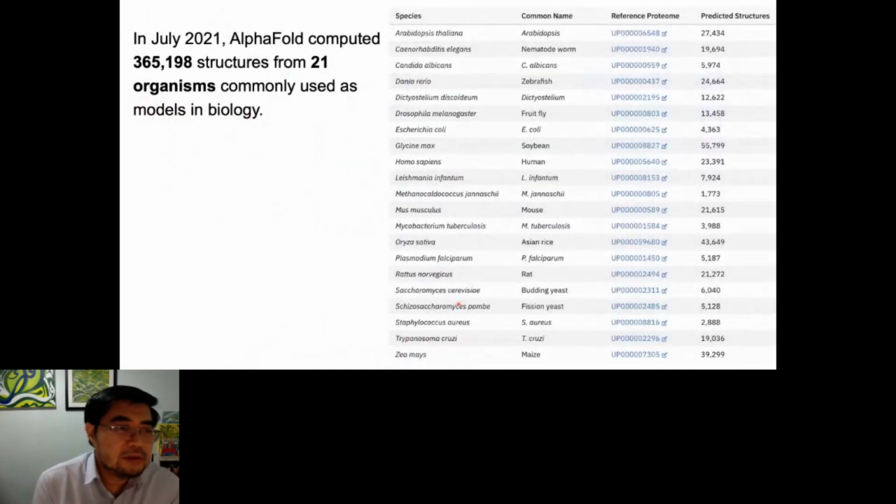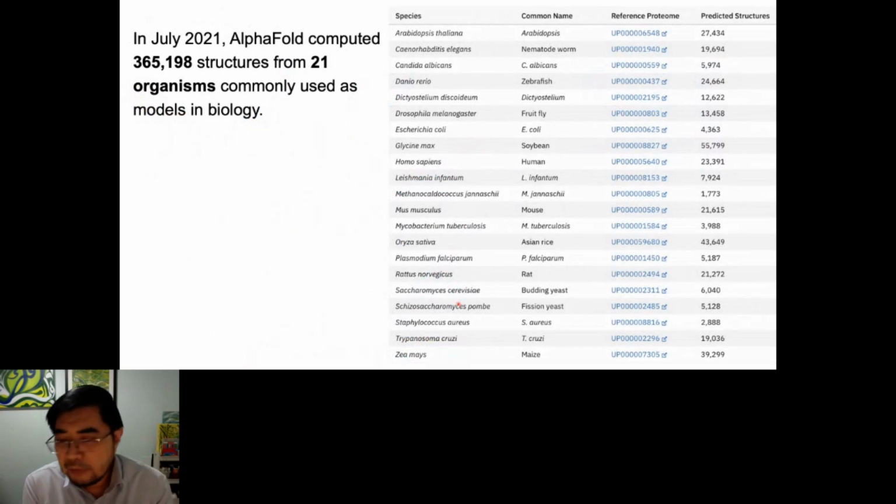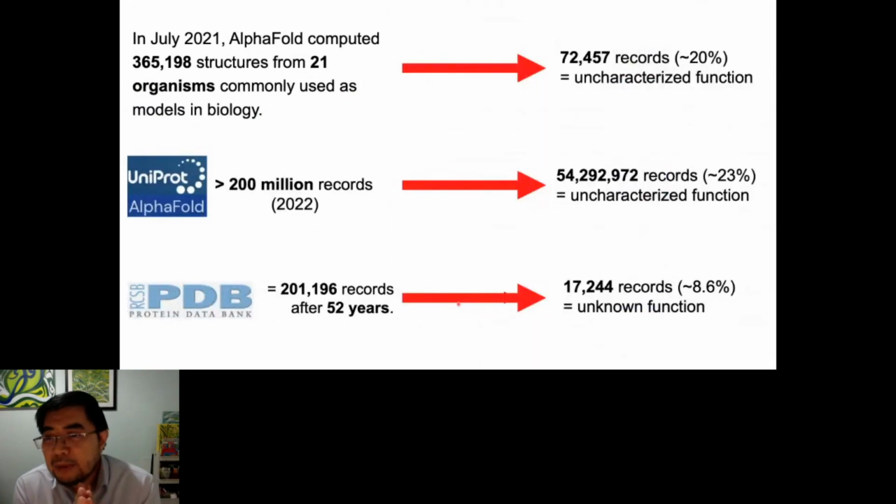About 2 years ago, in July of 2021, AlphaFold computed almost 400,000 structures from 21 organisms that are commonly used as models in biology. Of that number, about 20% carry the label of having uncharacterized function.